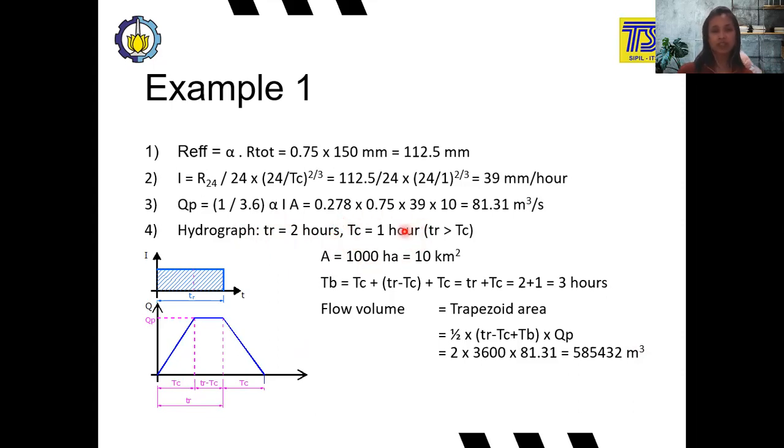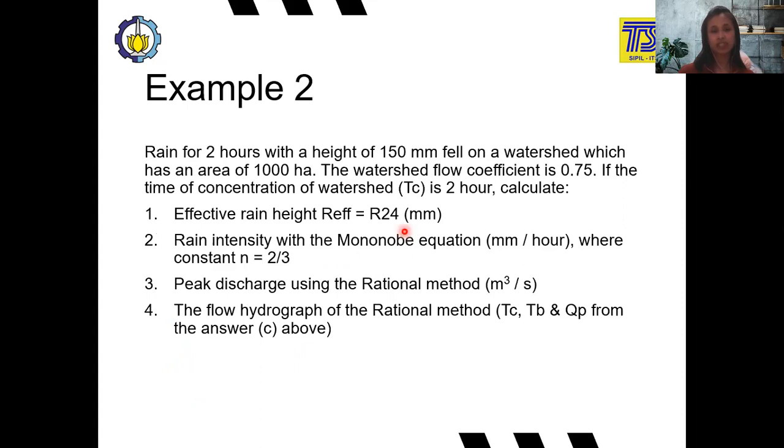So how about if the time of the rain is the same with the time of concentration? Here we have the same example, but the differences only in the time of concentration. So for the time of concentration, the factors that affecting the longer or the shorter time of concentration is the properties of the watershed.